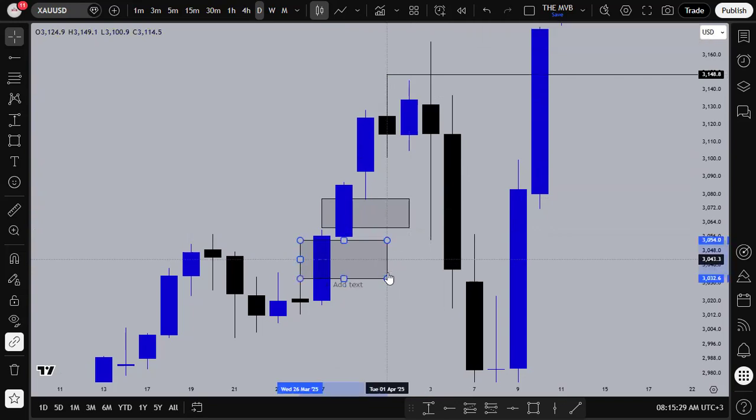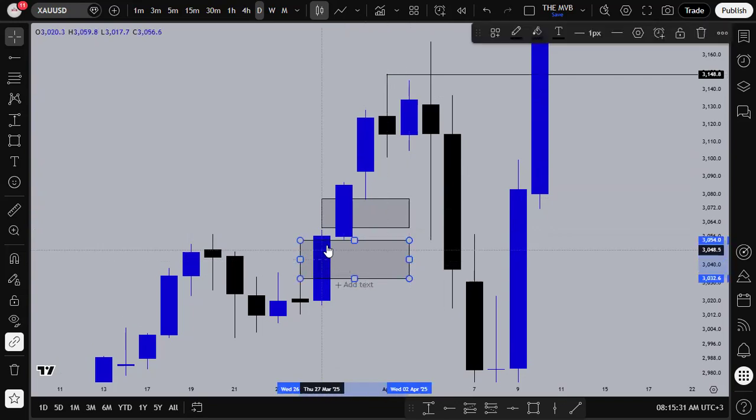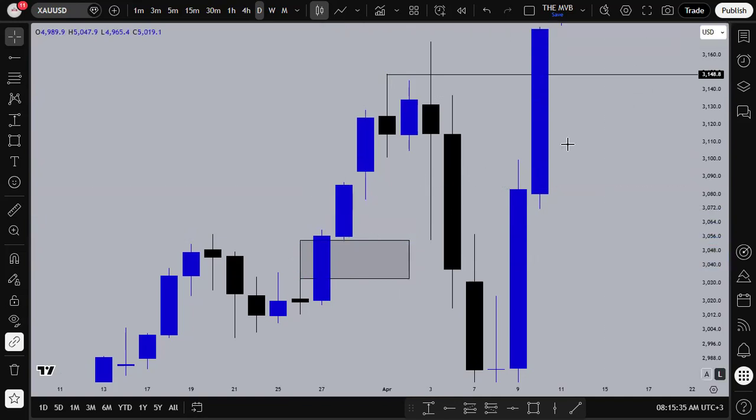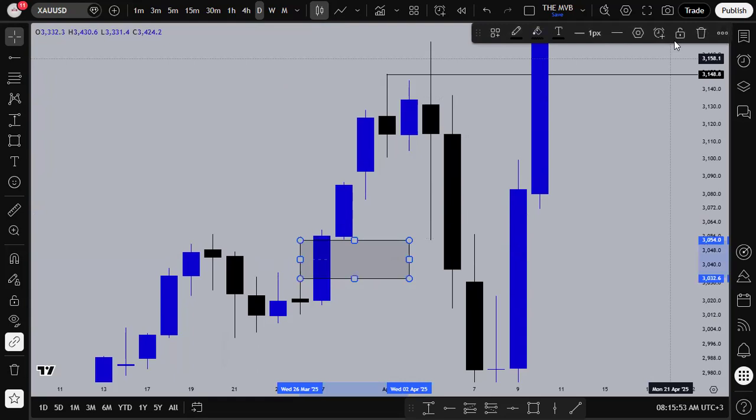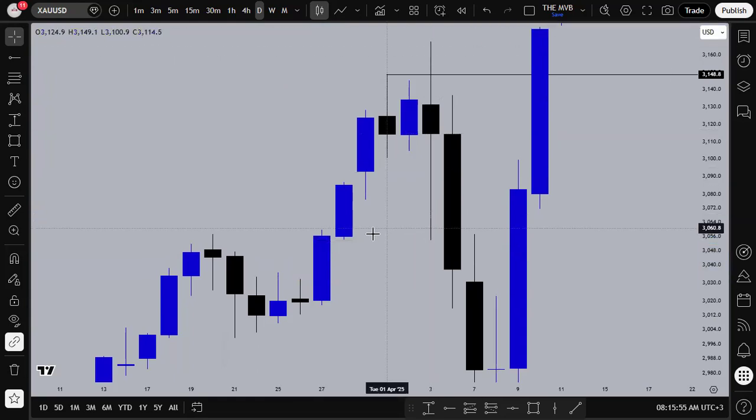Same applies to this first fair value gap. See, the second candle is big. The next candle performed the continuation. So if you use this, for example, this is the daily time frame. All right, this is the daily time frame. If you use this, actually, it's going to help you in analyzing the market. It will simplify your analysis process big time, you know.